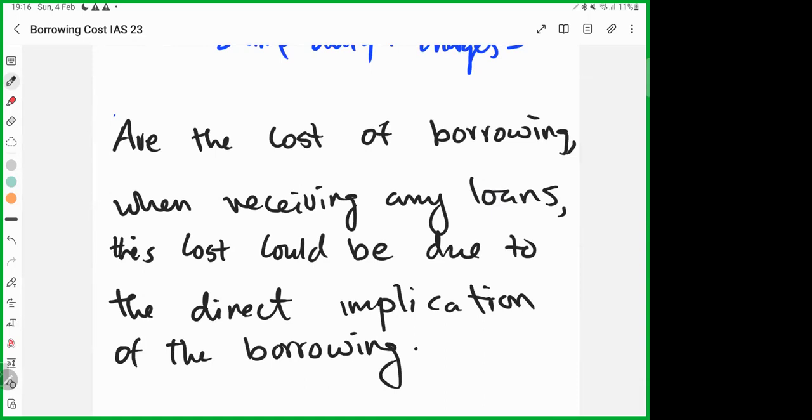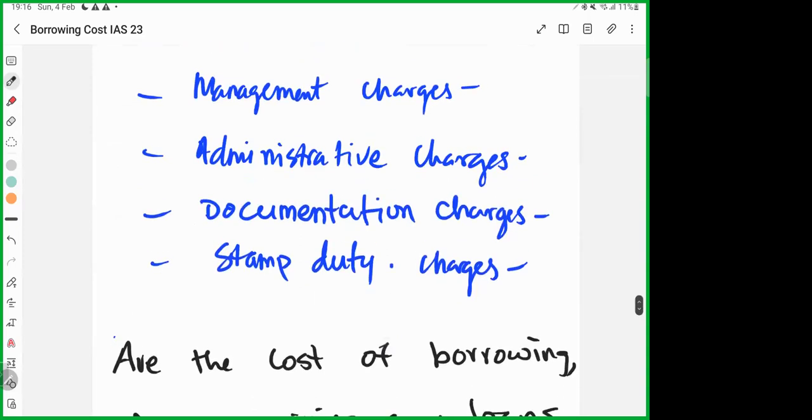This cost, this fee, could be due to the direct implication of the borrowing. So for example, administrative charges or management charges or documentation charges or stamp duty charges, these are all one-off. Correct?